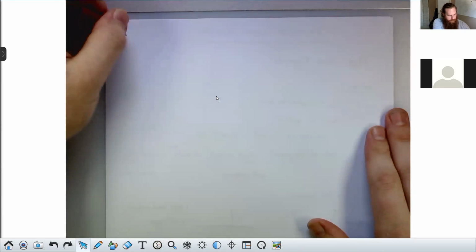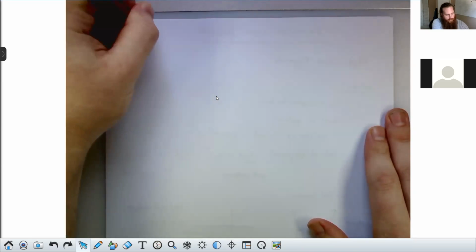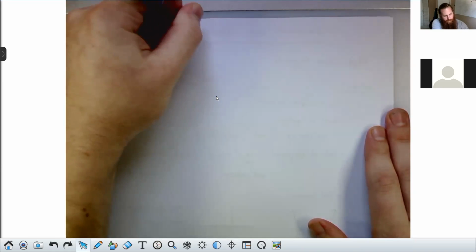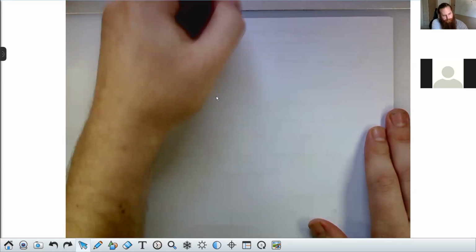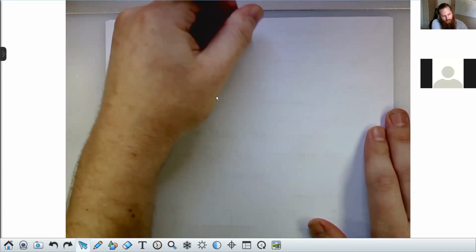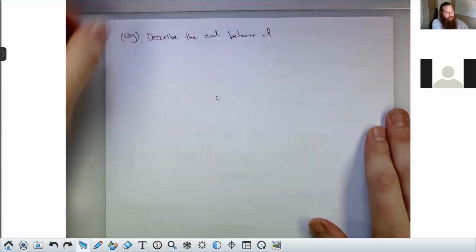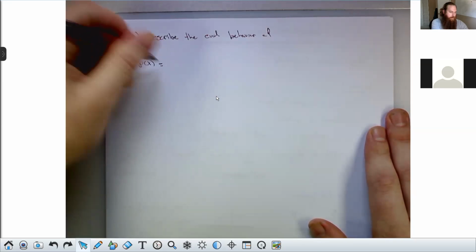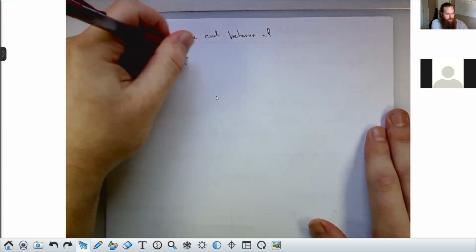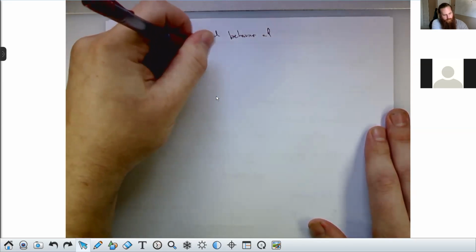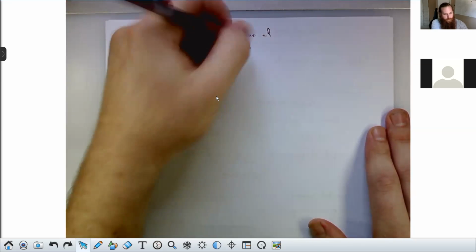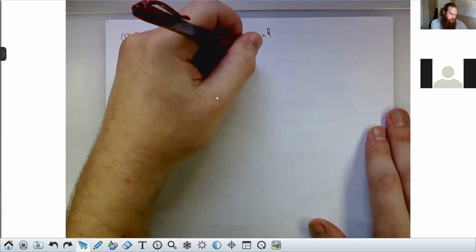So let's describe the end behavior of p of x equals negative 3x to the 4 minus 7x cubed plus 2x minus 5, whatever.